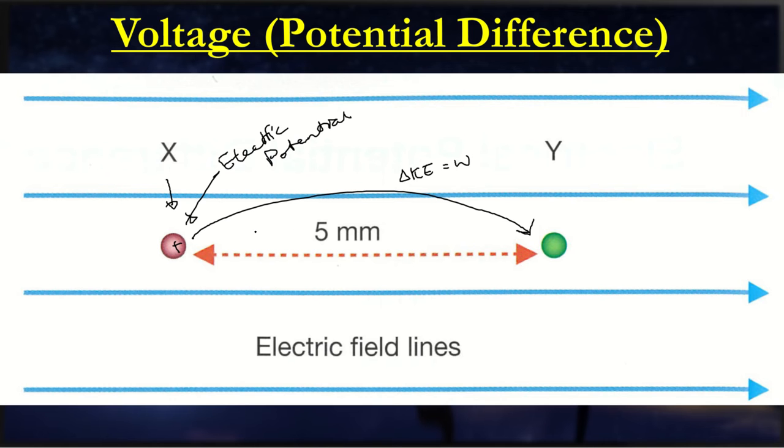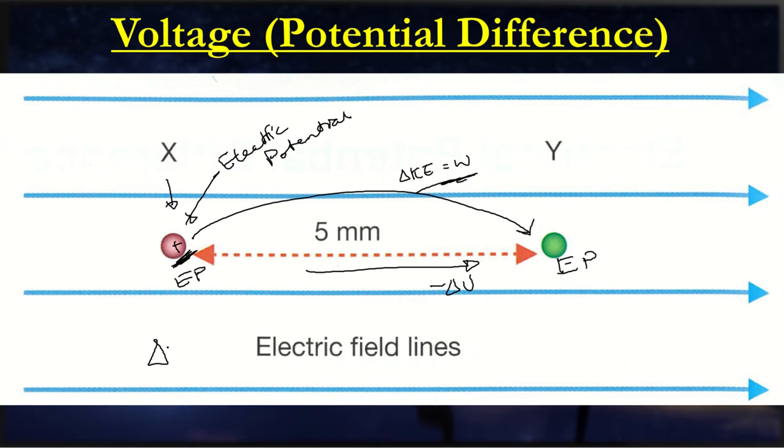So work has been done to move this charge from here to here. When it's here, the electric potential would have decreased. There would have been a decrease in electric potential as we gain more kinetic energy to move it across.